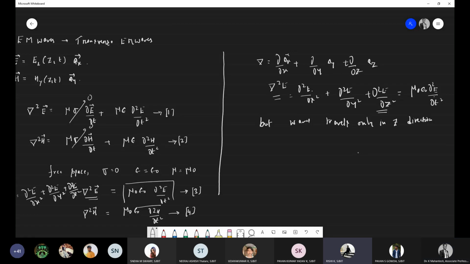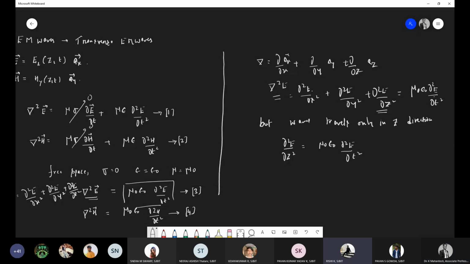Therefore, dou square E over dou z square is equal to mu naught epsilon naught dou square E by dou t square.